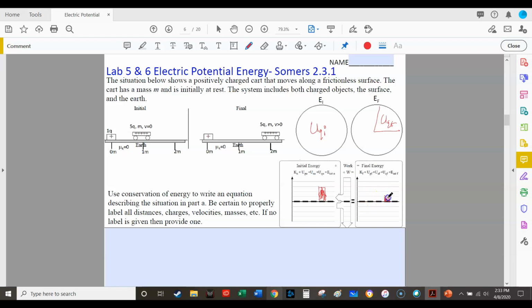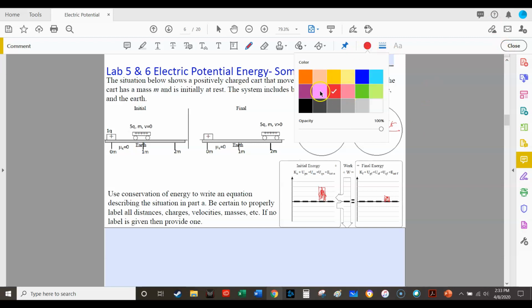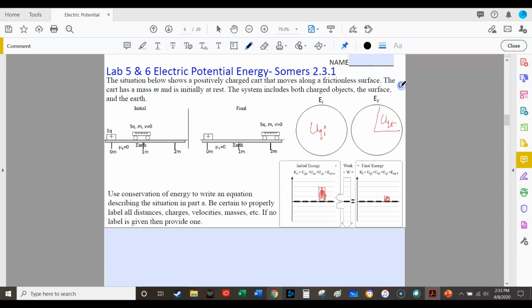So I'm just recreating what we just did. And then when we use kinetic energy, I'm going to use black and try to be consistent about using black here. We had a final kinetic energy because it had a velocity in the end. And we only gave 2 blocks of energy here. Okay. All right, there we go.